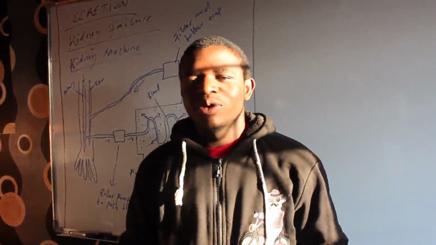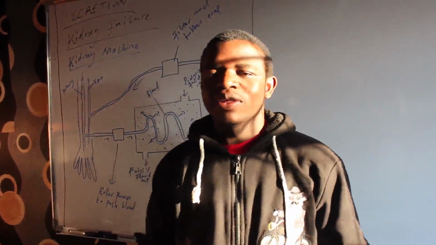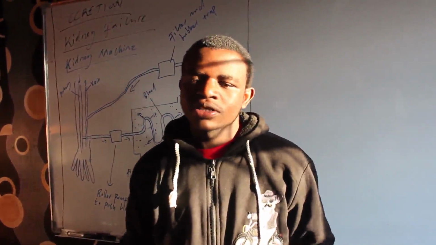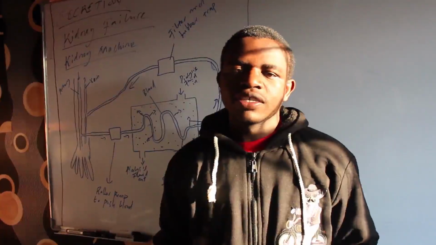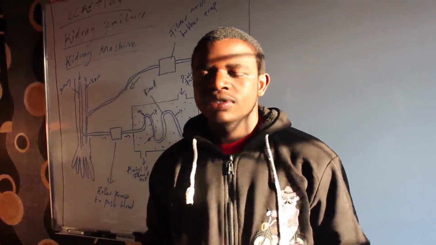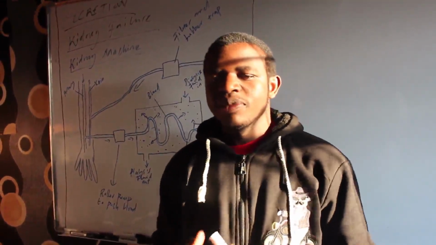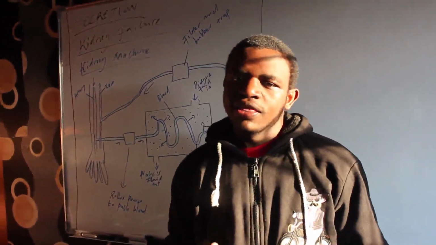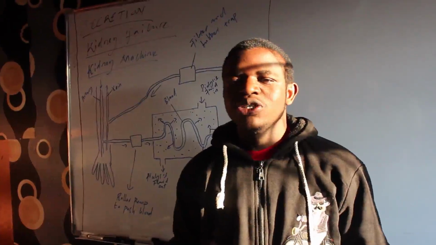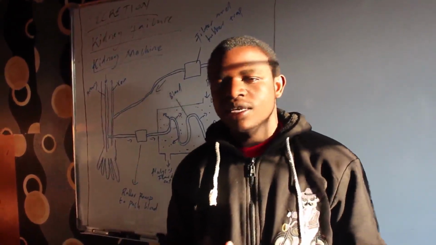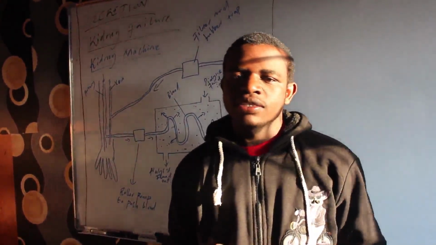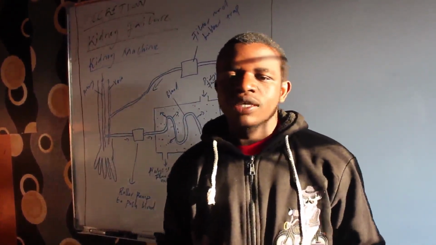So today in biology we are going to proceed with excretion, and we're going to look at kidney failure. The kidney can stop functioning due to these reasons. This can be due to high or low blood pressure, intake of drugs and alcohol, or a parasite called bilharzia.